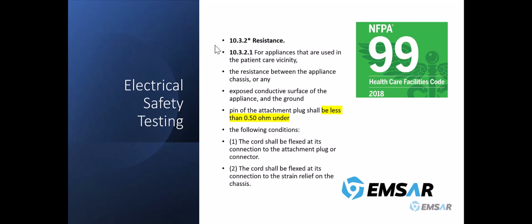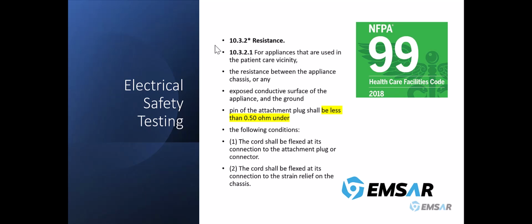All right, moving on to talking about resistance. NFPA 99 specifies certain tests, as we've already discussed, with limits. For the ground cord resistance test, they want it to be less than 0.5 ohms. When you're doing this test, you should be flexing the cord at the wall connector and then at the machine connector, because those are the places that will wear out.